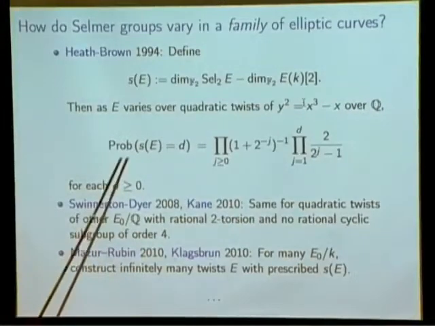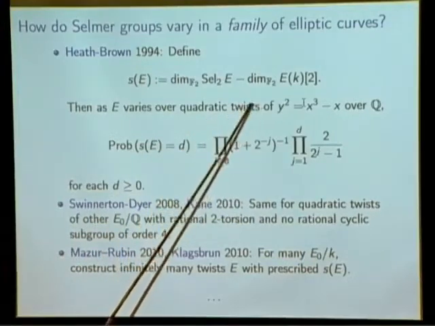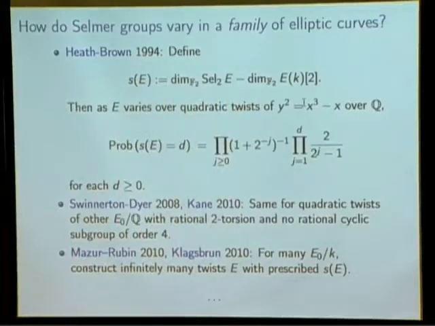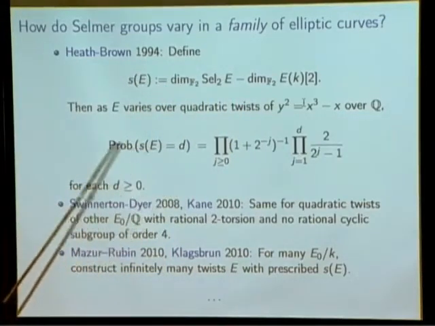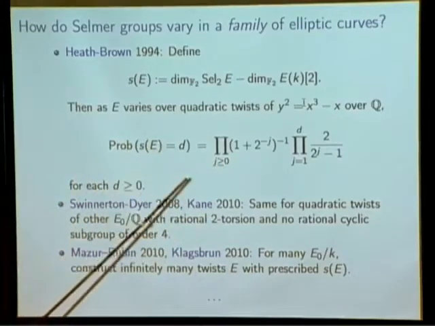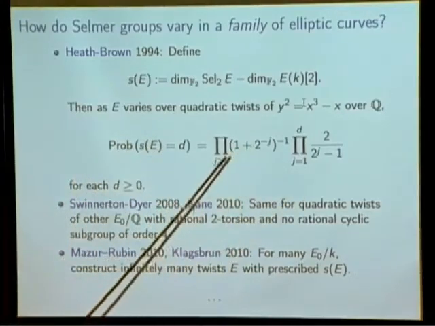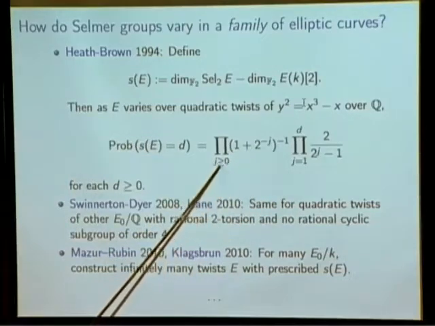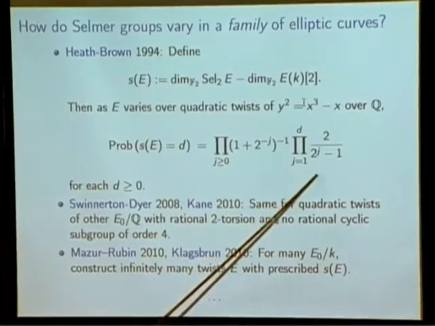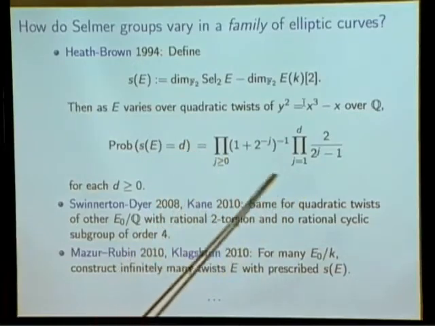If you subtract off the part that comes from the torsion, the uninteresting part, and you look at what's left, then he proved that it satisfies a certain distribution as E varies over quadratic twists of this elliptic curve. There's some funny distribution, with a normalizing constant here, and this is the part that depends on D.